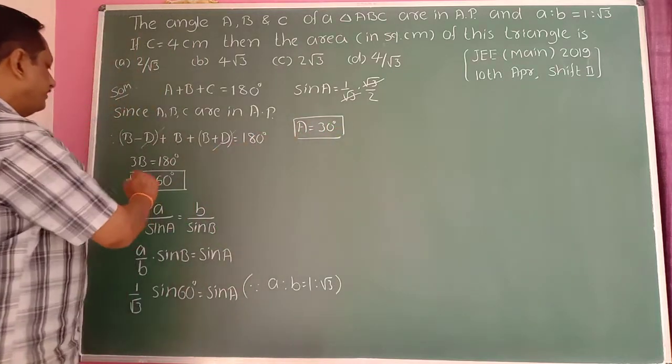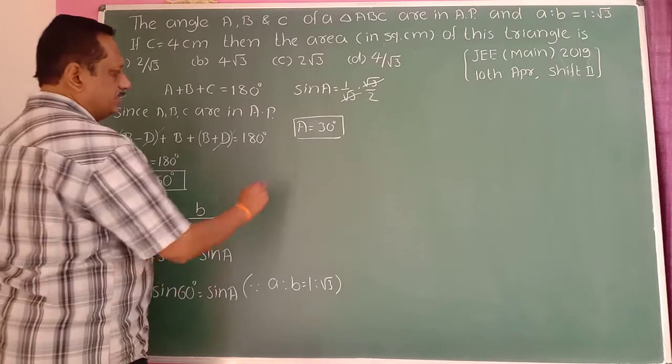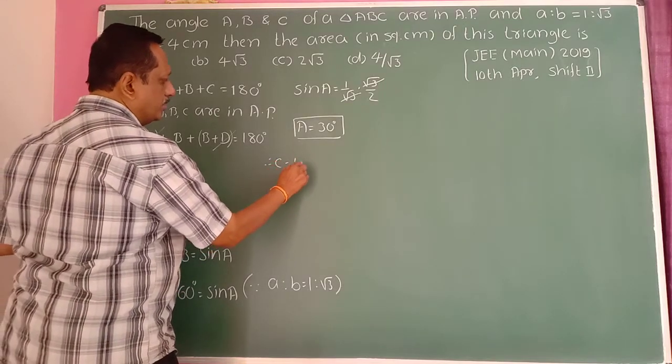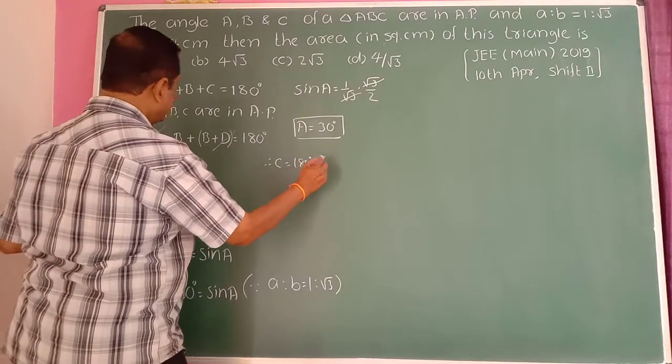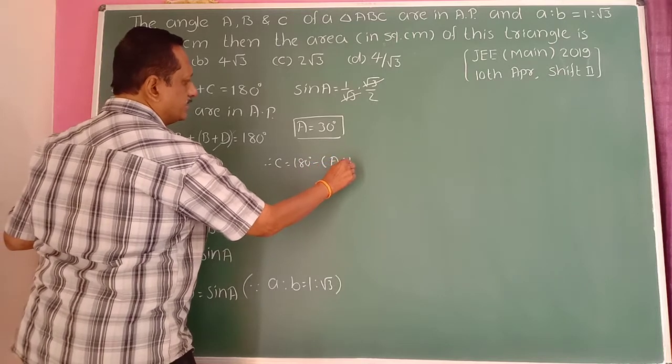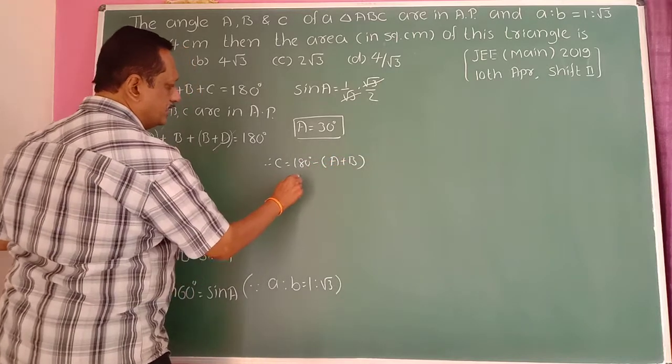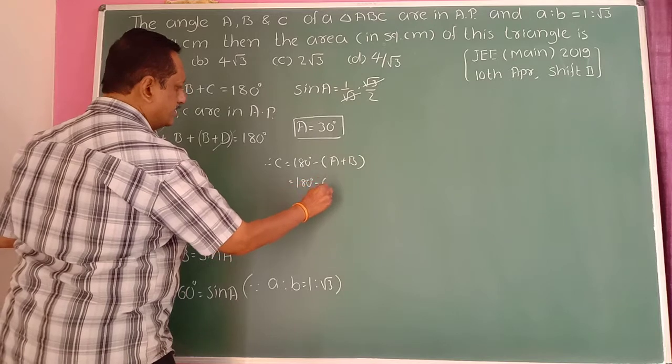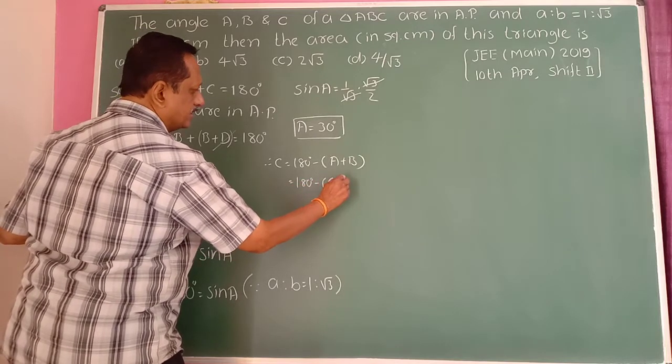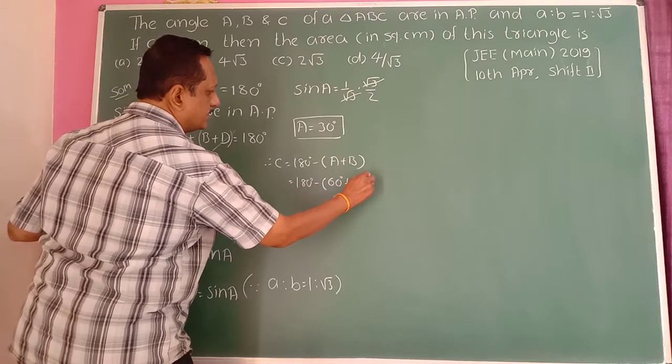Here we have angle A and angle B. Therefore C is equal to 180 degrees minus (A plus B), which is 180 minus (60 degrees plus 30 degrees).